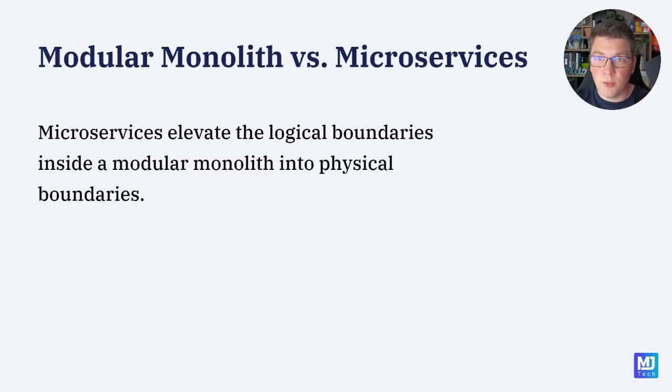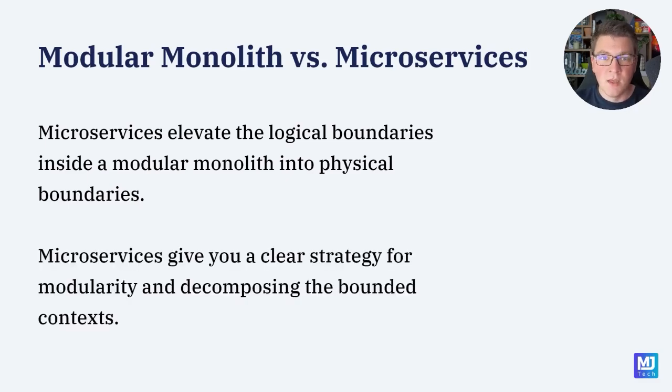If we wanted to compare modular monoliths to microservices, we could say that microservices elevate the logical boundaries or modules inside of a modular monolith into physical boundaries or services. So a big advantage of microservices is that they give you a clear strategy for modularizing your system and decomposing it into specific bounded contexts or services.